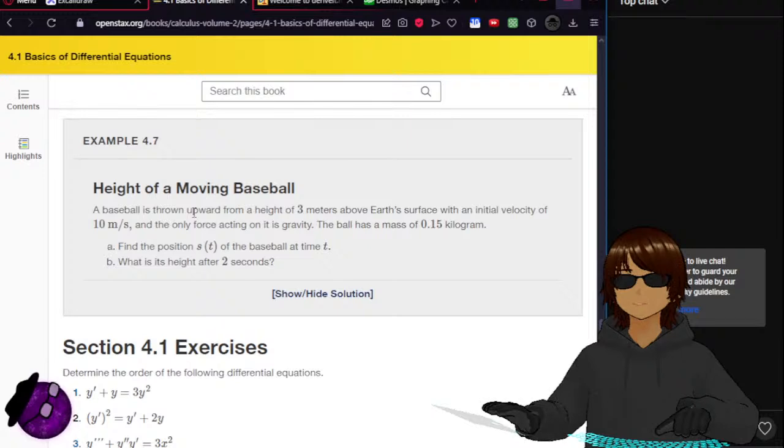A baseball is thrown upwards from a height of 3 meters above the Earth's surface with an initial velocity of 10 meters per second, and the only force acting on it is gravity. The ball has a mass of 0.15 kilograms. Find the position s(t) of the baseball at time t.